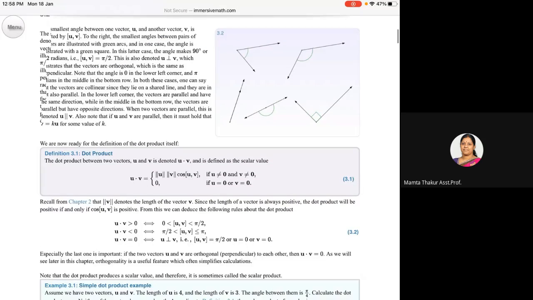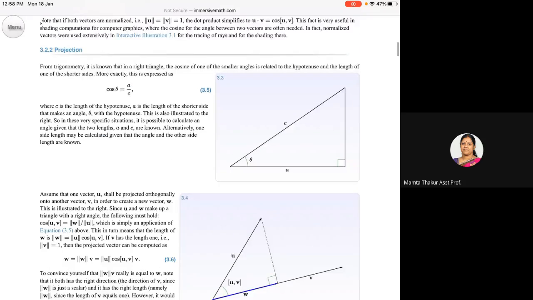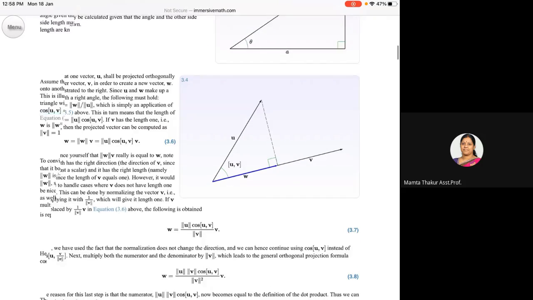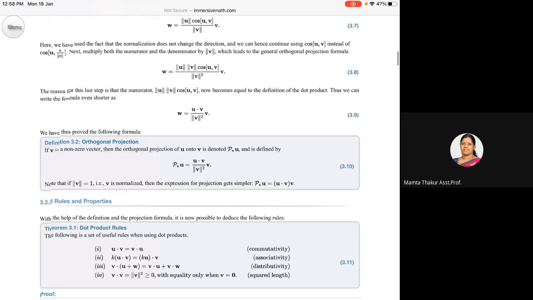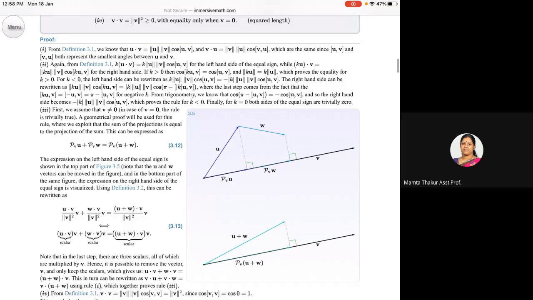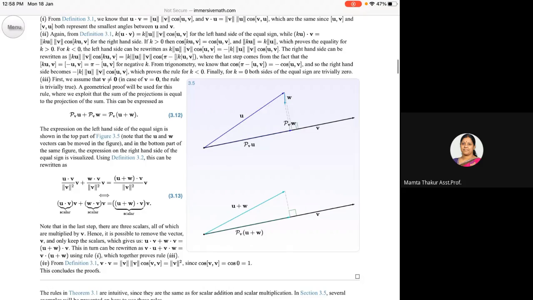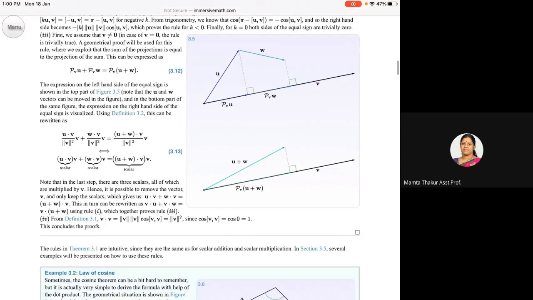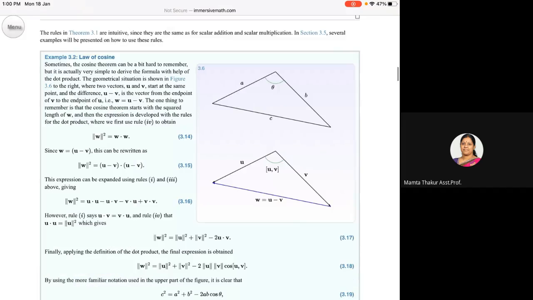There will be something like this, but you will have lots of illustrations also, like this. I'm talking about this kind of interactive nature, you see. What actually is this? The projection of u plus v onto this particular line that is shown here, okay? Such beautiful illustrative examples you can check here.